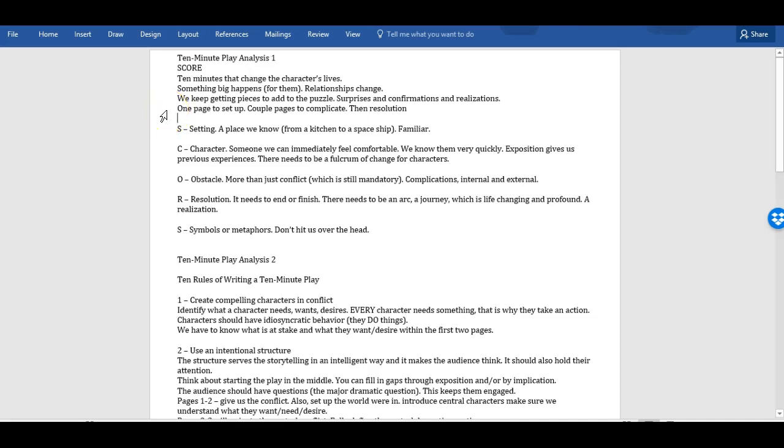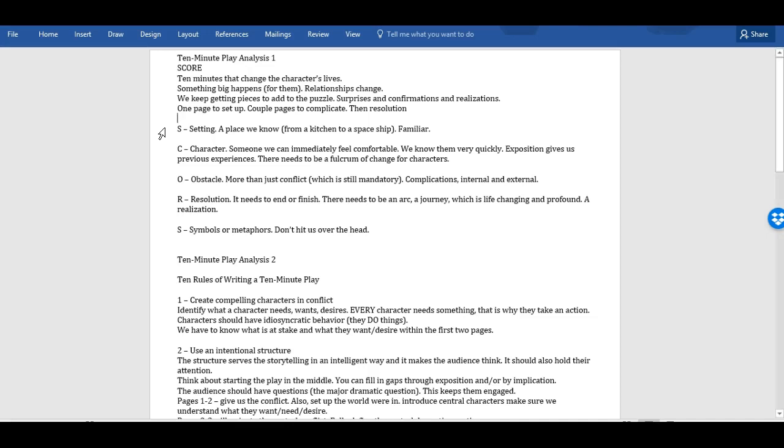However, structure is the way that the audience understands your play. Structure is for the audience, so don't be a selfish playwright. Have an intentional structure. Know what you are purposefully doing in terms of what happens next.